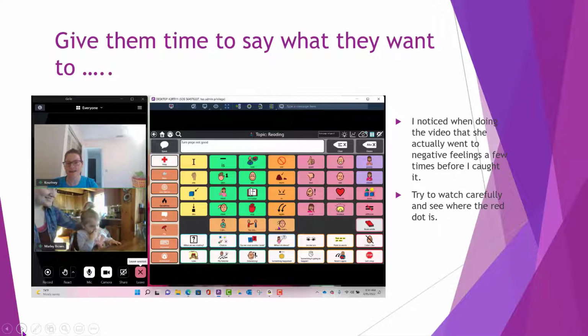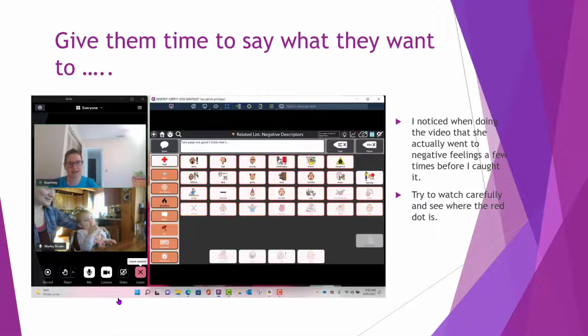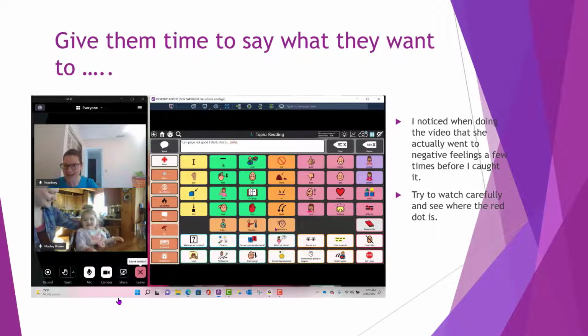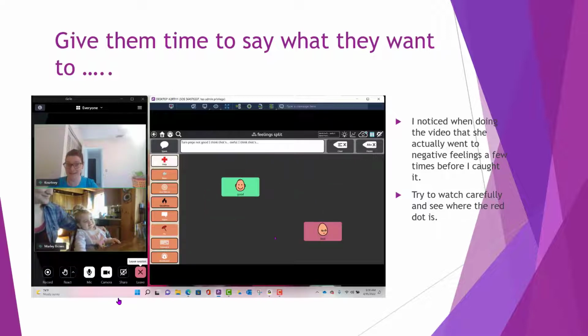I think that. I'm going to go to my negative descriptors. I'm going to say that is awful. I think that's awful. What do you think? Oh, you're going to go into feelings?